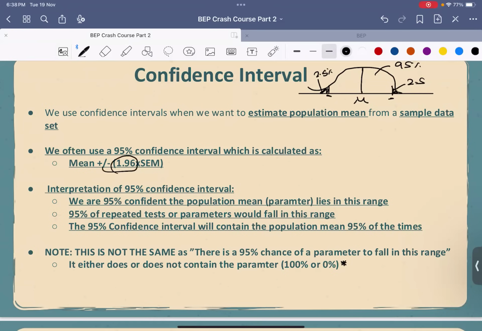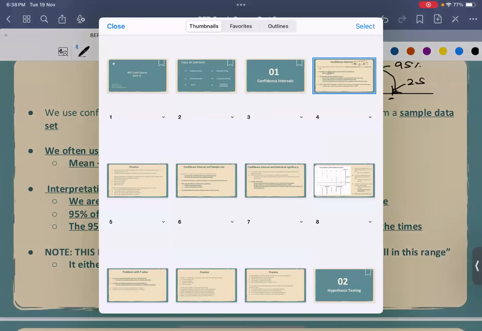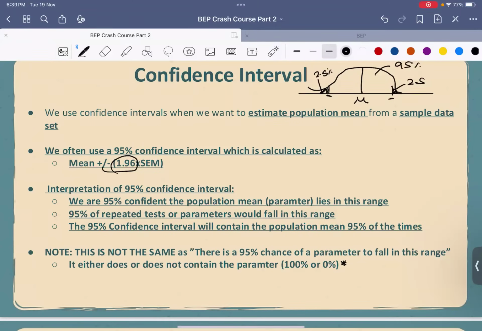So where did 1.96 come from? If you go back to the Z table, you'll find that 1.96 corresponds to 2.5%, okay? And that's why we use 1.96. So for the 95% confidence interval, we need to get this Z value and this Z value, and then convert them to the actual numbers.